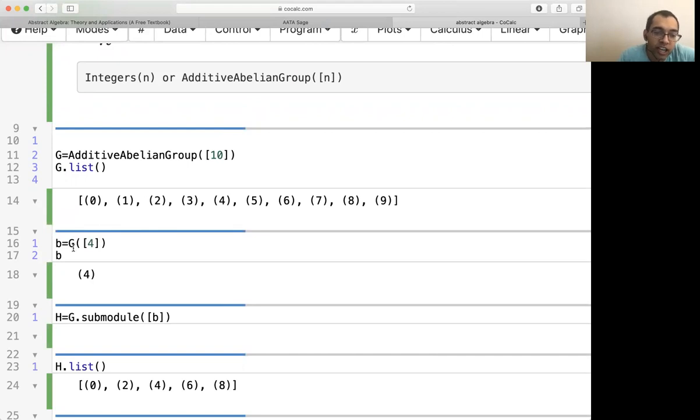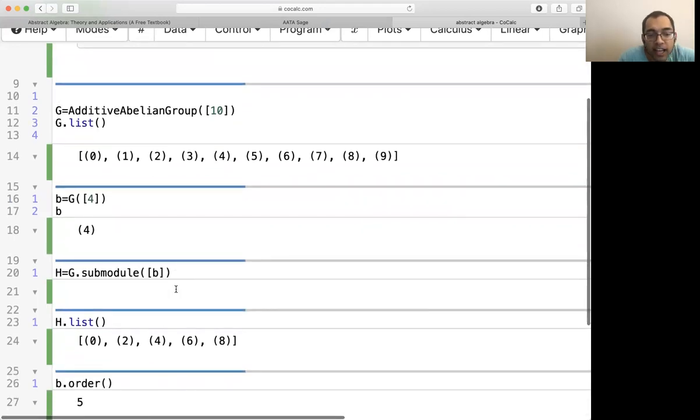And then the notation for coerce, in other words, telling Sage to think of this number 4 not just as some random integer but as an element of this group, is G and then round brackets, and then you put the 4 in there, again 4 in square brackets. We're going to assign it to this element B. So B is then this element 4 in our group G.